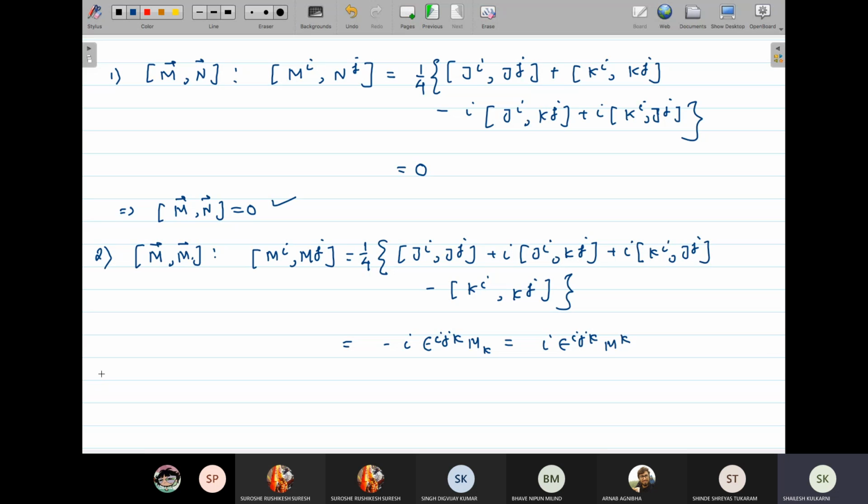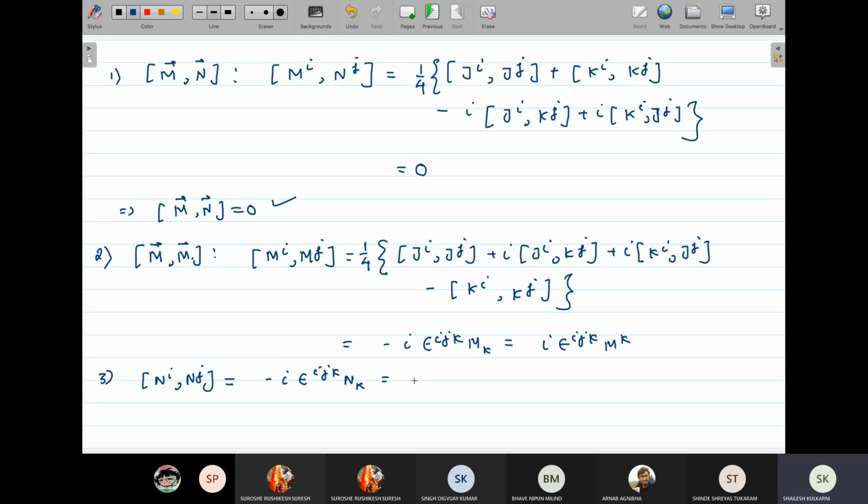Similarly, for the N commutation relation, you can show that Ni Nj is equal to I epsilon ijk Nk.